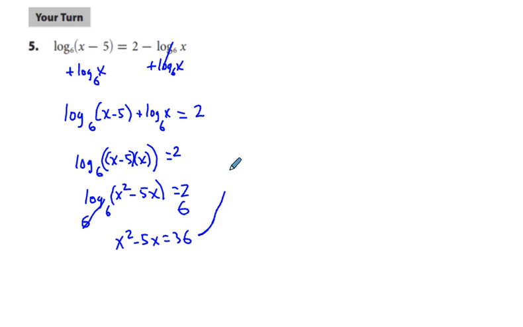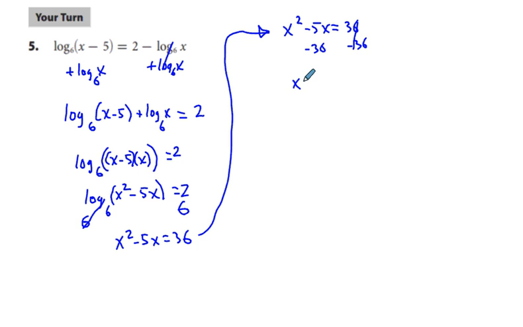And I'm going to bring this up here to work below. We have x squared minus 5x equals 36. If we subtract 36 from both sides of the equation, we have x squared minus 5x minus 36 is equal to 0.